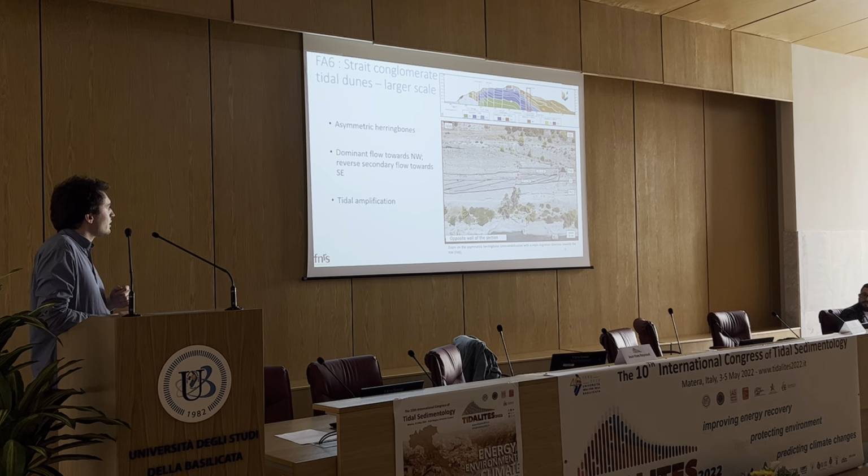And the thinner upper sets with a steeper angle are mapping toward the southeast, in the reverse secondary flow direction. And due to the size, we can clearly emphasize the tidal amplification of one tidal phase over the other.